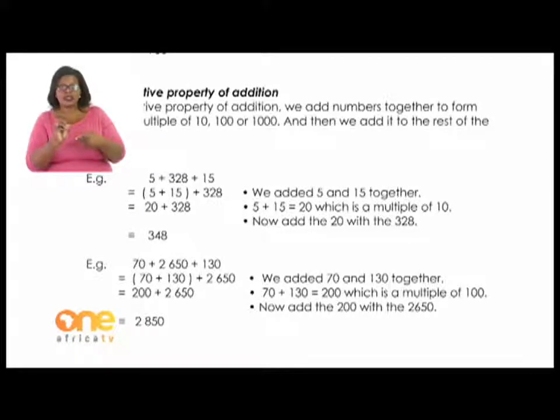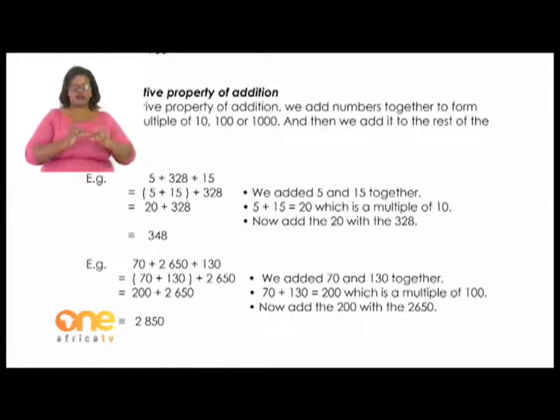We put 70 and 130 in brackets plus 2,650. If I add 70 with 130, that will give me 200, and 200 is a multiple of 100 plus the 2,650. And now we add 200 plus 2,650 together, and that will give me 2,850. So that is associative property of addition.